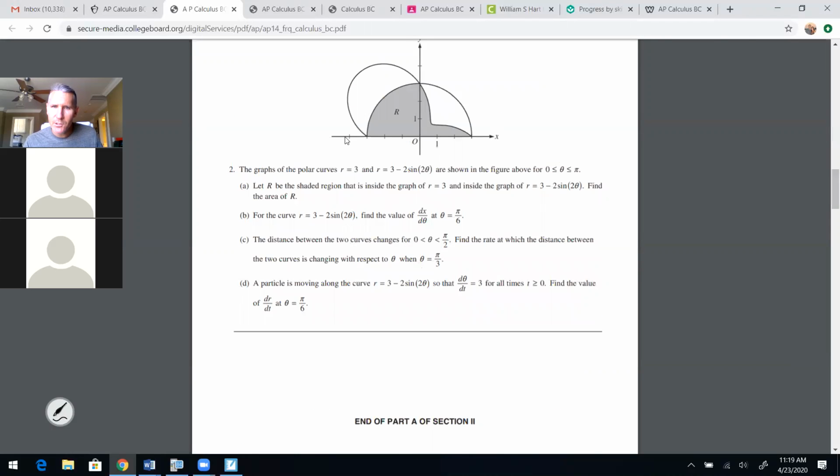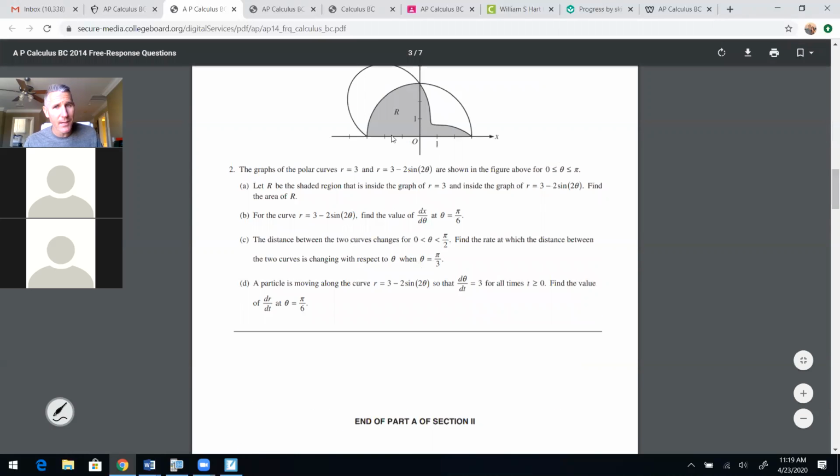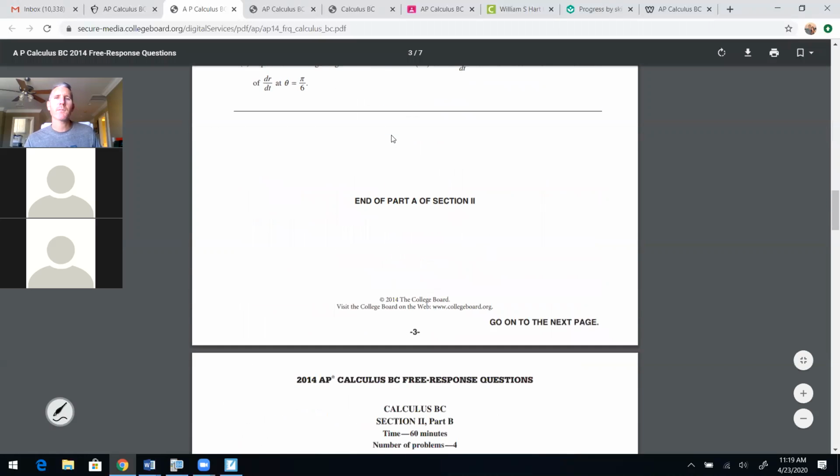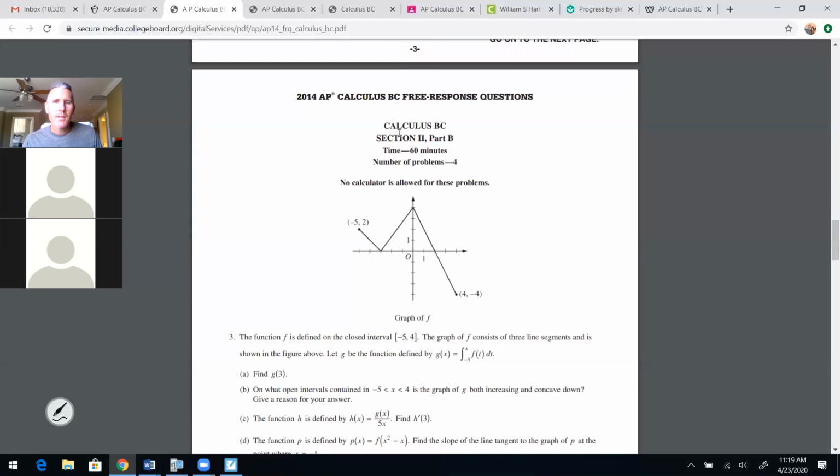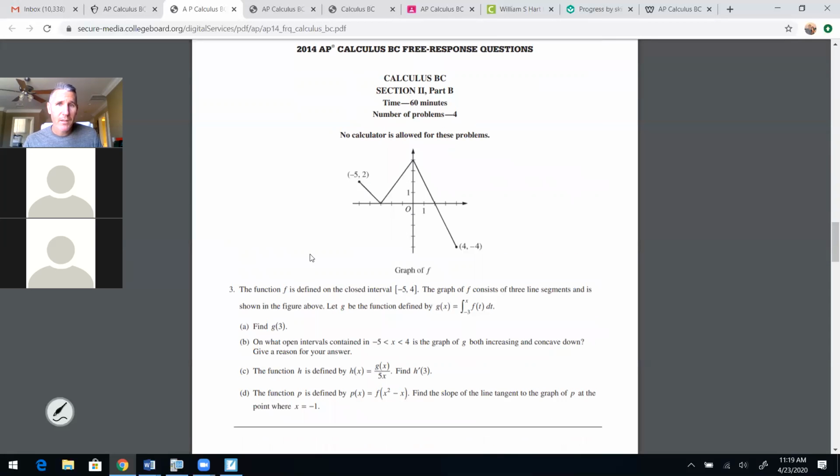We're skipping problem number 2. I think we already did that anyway, but that is polar, and that will not be on this year's AP exam. Problem number 3, given a graph, this one happens to be the graph of F, and then they ask you questions about G, and they tell you that G is the integral from -3 to x of f of t dt.